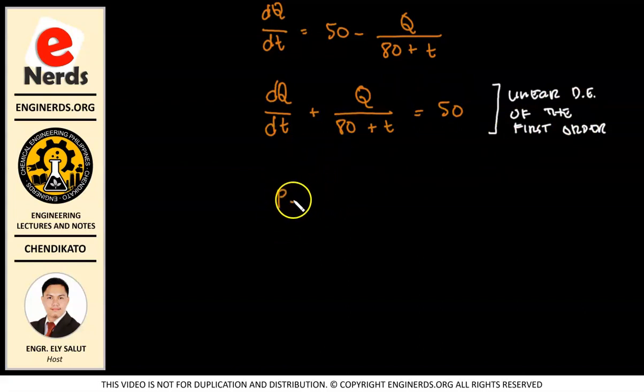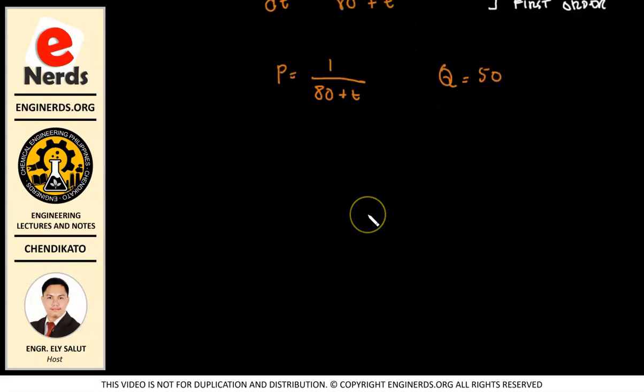So, let's say, our P. What is our P in here? It will be 1 over 80 plus t. So, kung medyo nalilito kayo, please watch yung previous video natin about linear differential equation of the first order. So, our P here will be 1 over 80 plus t. And our Q in here is yung nasa right side ng ating equation, which is 50.